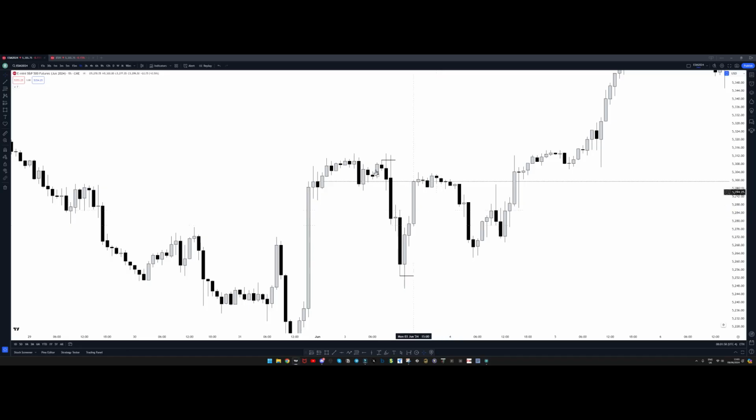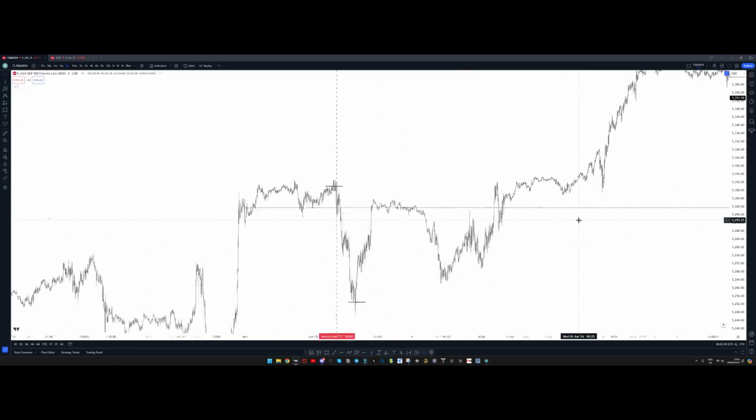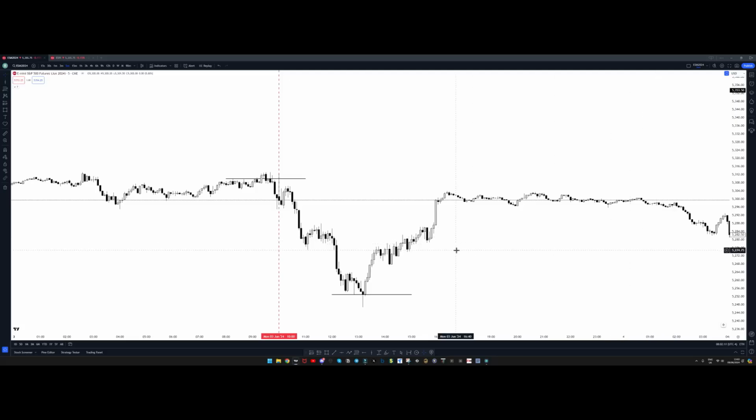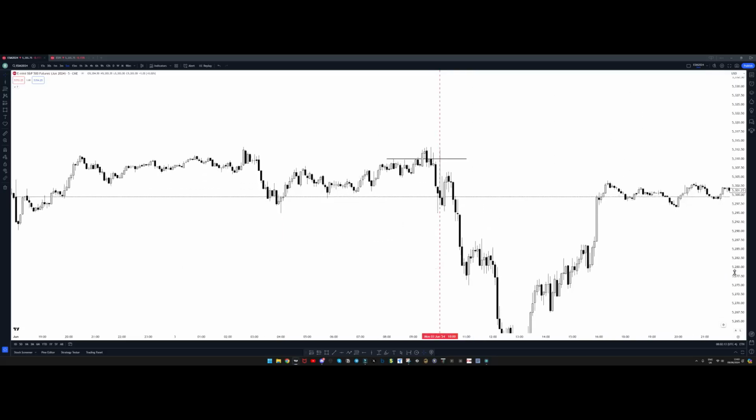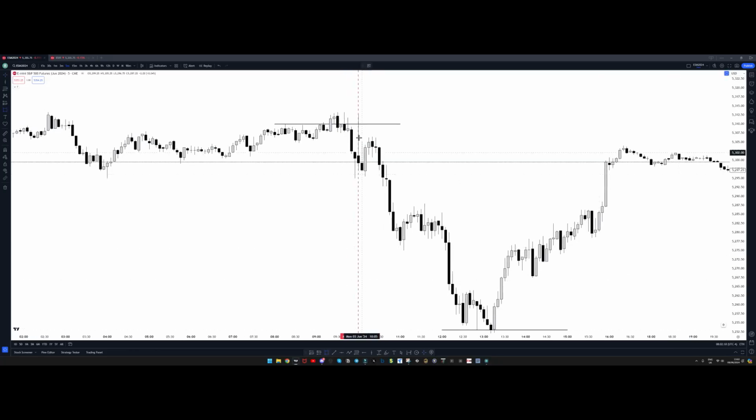I can't remember what happened on this day. Let's investigate, see whether I'm talking rubbish, or to see how clear it is. Surprise, surprise. There's 2 options. We either take the fair value gap before, or we can wait until the very next candle for the second stage distribution.